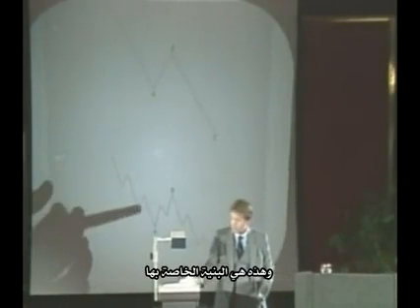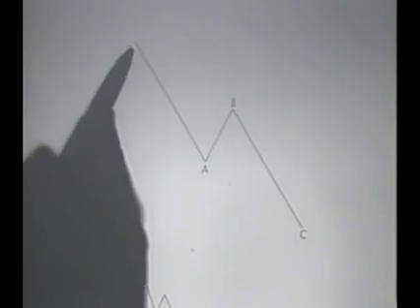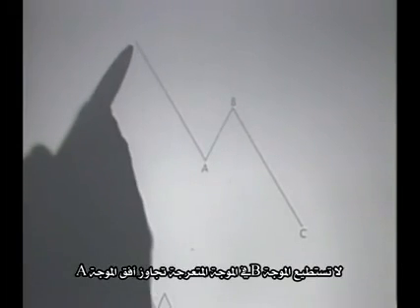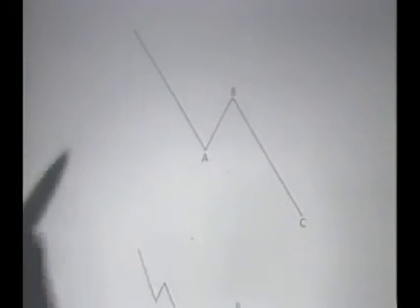And it has a specific structure to it. Within the pattern, the B wave does not move into price territory beyond where the A wave began. In a zigzag, this B wave will not exceed the origin of the wave A. Now, a zigzag subdivides into a 5-3-5 pattern.